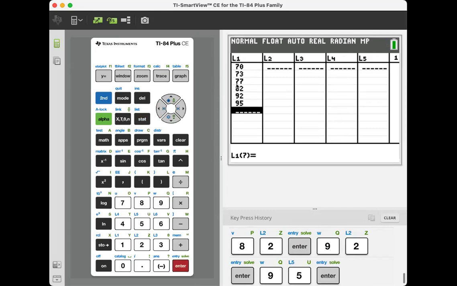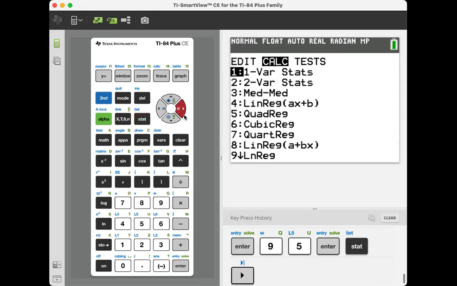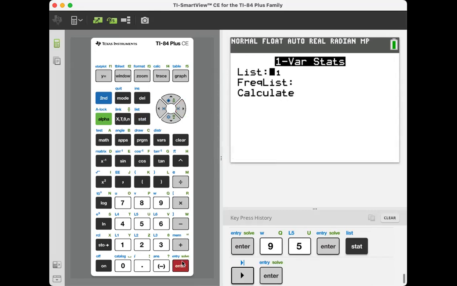Sometimes I'll count the numbers and make sure I have the same number that I'm supposed to, so I didn't mess one up. I'll also take a look at them and make sure that they look about right. If all of them are 2 digits, I make sure I didn't skip a number. Okay, we have them all entered. So we're going to go stats, calculations this time. One variable stats.